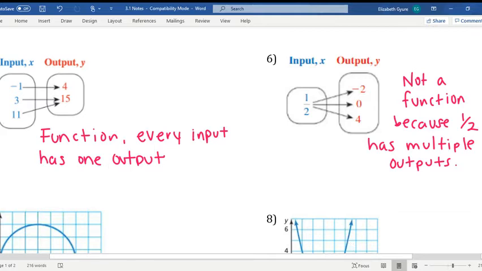So in number 5, -1 has 1 arrow, right? And it goes to 4. 3 has 1 arrow and it goes to 15. 11 has 1 arrow and it also goes to 15. Since each one only has 1 arrow coming off of it, it only happens 1 time. So none of them repeat. Does that kind of make sense?